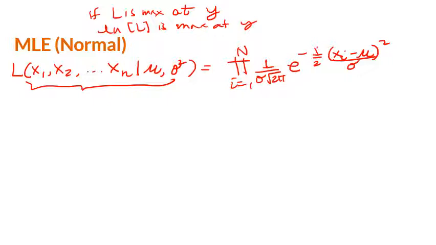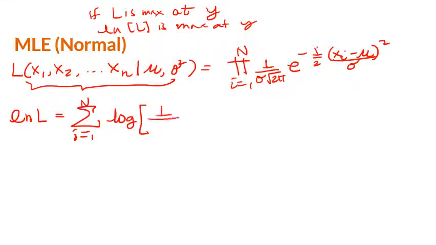Okay, so let's now take the logarithm of your likelihood function. So we have now ln L given by the summation, kasi summation na siya, ilolog natin yung buong expression. So summation from 1 to n ng logarithm ng 1 over sigma square root of 2 pi.